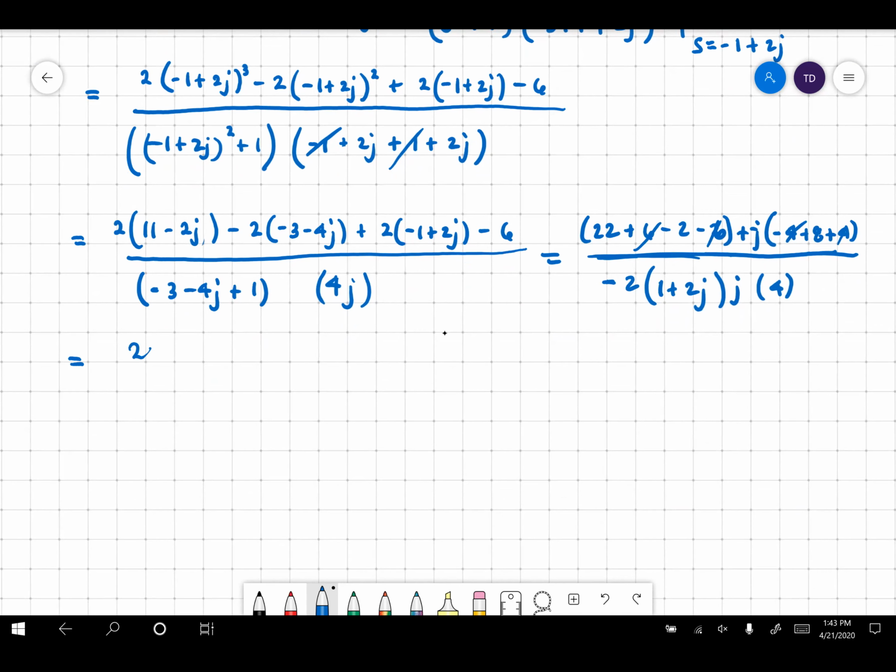22 minus 2, 20. Plus j8. I'm going to factor 4 out of that. And so leave that 4 there. And now I'm going to multiply these. When I do, I get j times this 2j is minus 2. With that minus 2 is minus 4, but I'm going to leave that minus 2 out there.